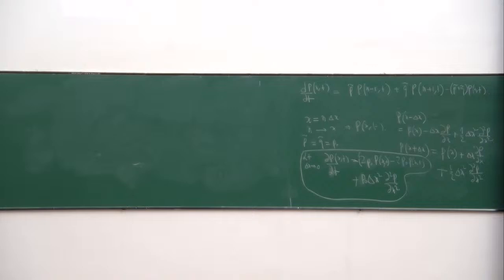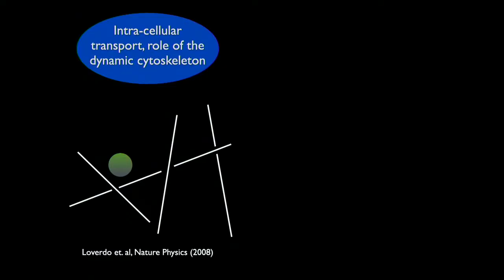So, when you see something like this bead moving in a fluid, you can take the trajectory. So, what happens inside the cell? Inside the cell, this bead is not freely diffusing.